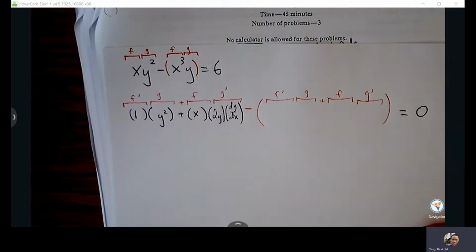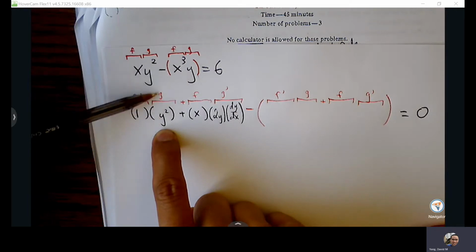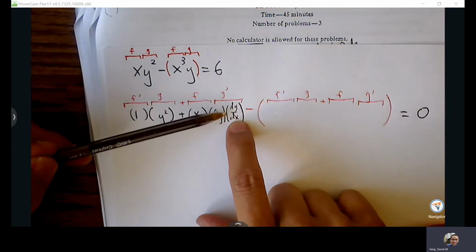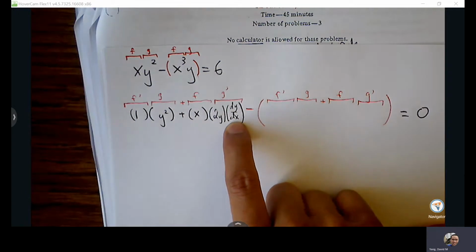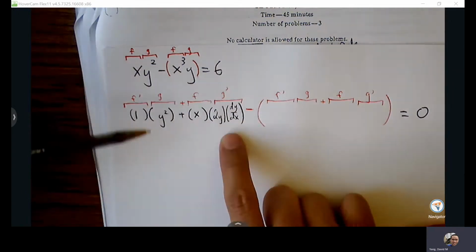Why do we not have dy dx for this y squared? It's not asking for the derivative, it's only asking for the g. This dy dx is specifically for derivative notation, right? So if it doesn't call for it, then we're not going to include dy dx.